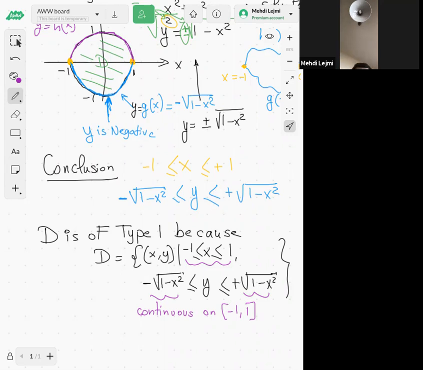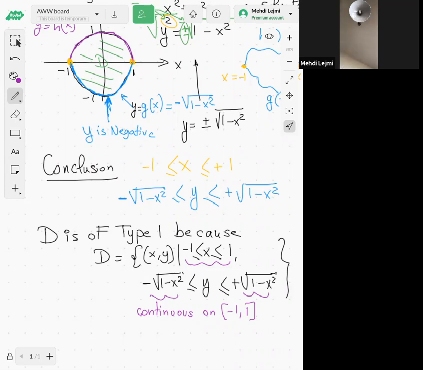You have to make sure that g of x and h of x are continuous on the interval. Because if, for example, your x is between -2 and +2, then there will be a problem. We cannot have a negative number in the square root. If x equals 2, you get a negative number in the square root, so the function is not defined for x equal to +2 or -2.